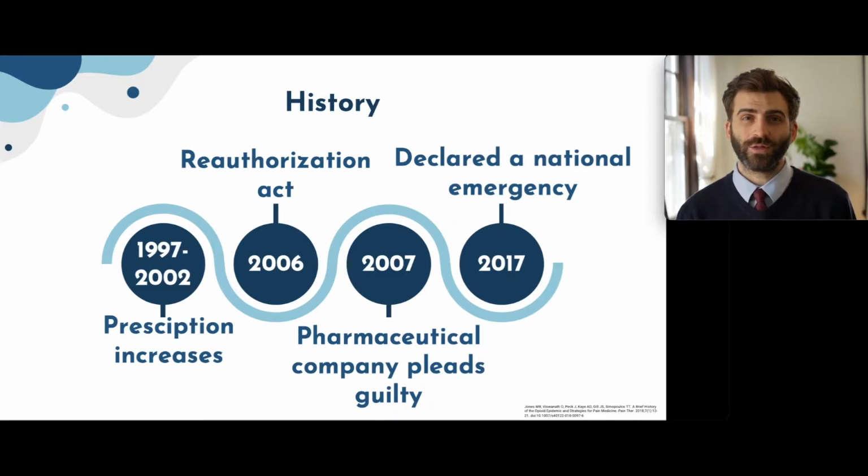In 2007, a big-name pharmaceutical company pleaded guilty to misleading doctors and misrepresenting some of their products, and for this initial case, they had to pay over $600 million. Finally, in 2017, the opioid epidemic was declared a national emergency.